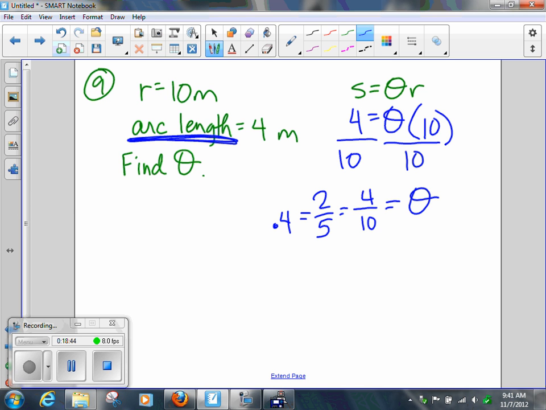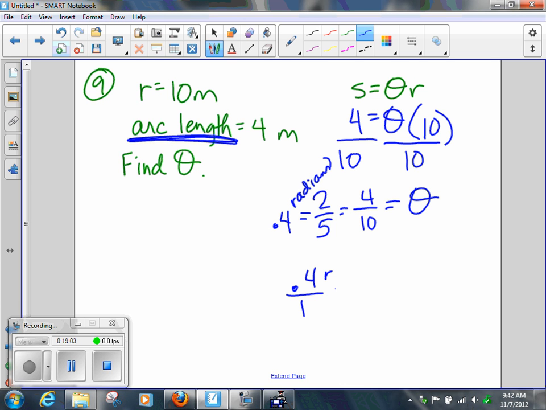Why radians? Because that's the only thing that can come out of theta. Theta is an angle. Okay? Here we go. 0.4 over 1 radians.